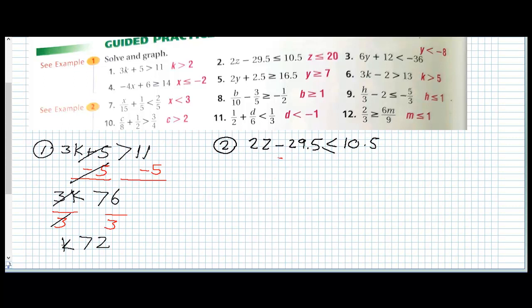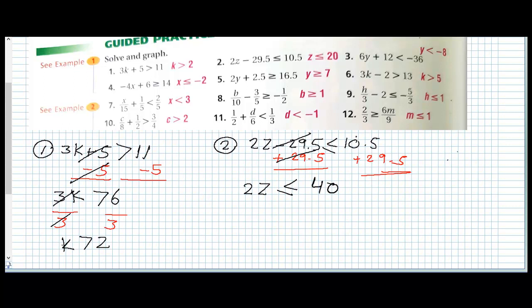It's subtract here, so I will add 29.5 to both sides. So let's add. Okay. 2z, same, no change. Smaller than or equals. This one will go out with this one. It will be 0, we don't write it. 10.5 plus 29.5 will equal 40.